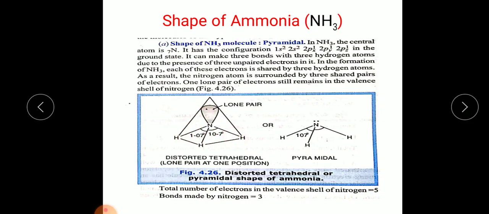Okay, now if you see the repulsive order, then this will repel with a greater force than compared to this one. So what will happen? These hydrogens will come closer to each other, reducing the bond angle from 109 to 107 degrees. Sorry, 107 degrees. Okay.